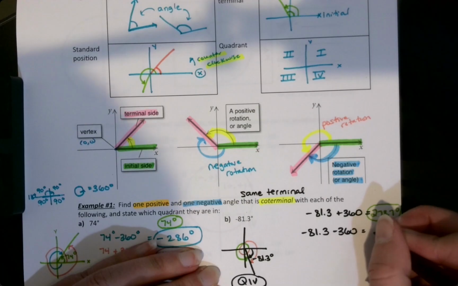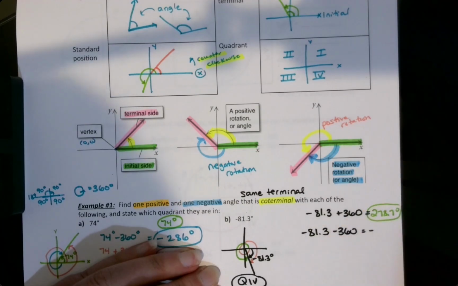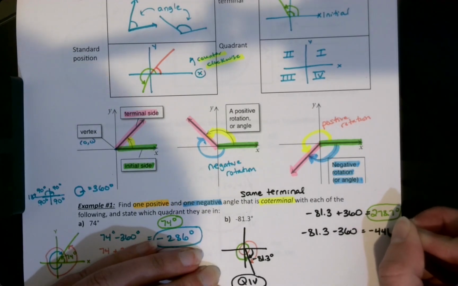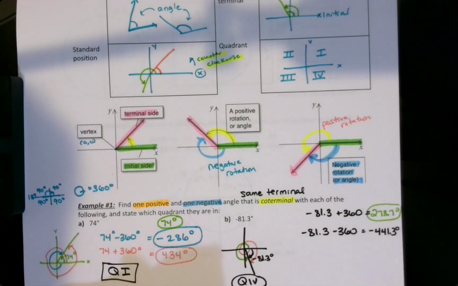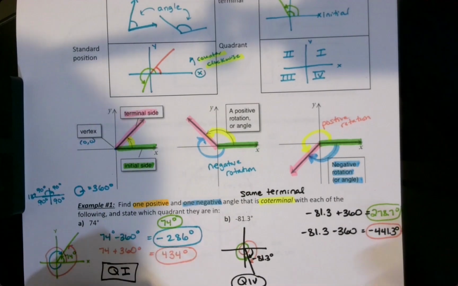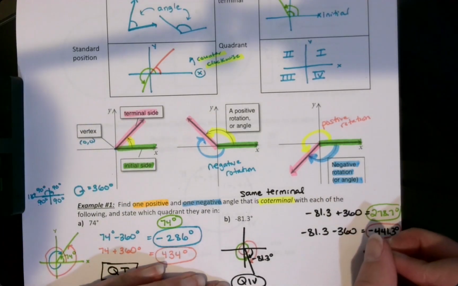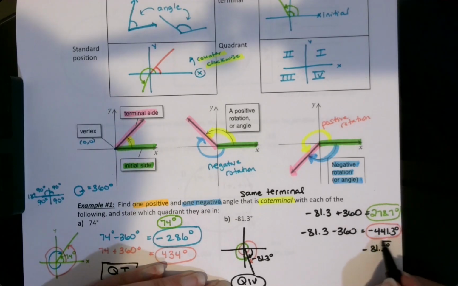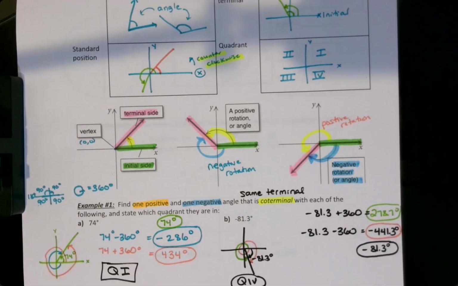That would end up at negative 81.3 minus 360, a negative 441.3. And again, those are both the same as the negative 81.3 degrees. So 3 ways to express that same angle. One of them has a positive angle, and then there are 2 that have negative, since the original was expressed with a negative angle.